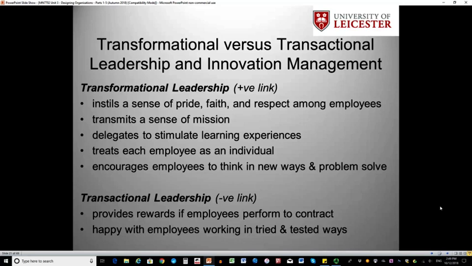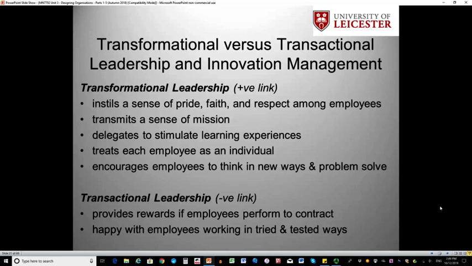One can see how transformational leadership, which instills a sense of pride and faith and respect among employees, transmits a sense of overall mission, tries to treat employees as individuals, etc. You can see how that approach would feed into encouraging innovation within the organisation, because it's not dissimilar to the integrative organisational climate that Cantor talks about.